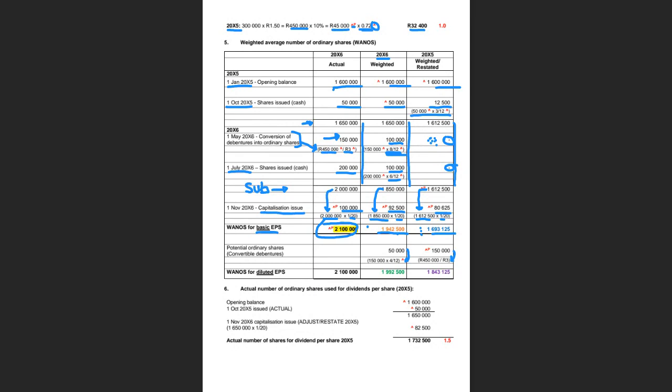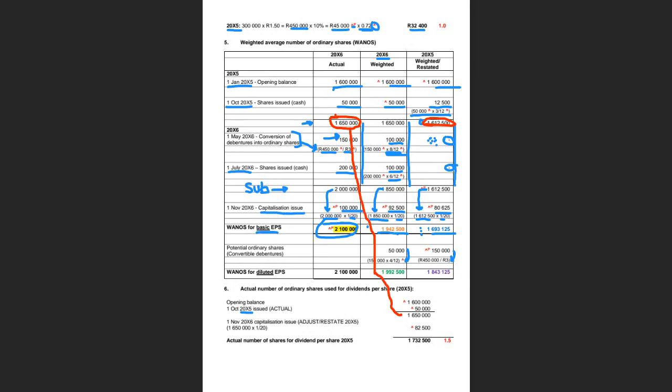But for the actual number of shares in the prior year, okay, the prior year amount, what we do is we start off here. Let me change my color. We start off there, right? Sorry, I lie. We start off here in the actual column again, right? And we move that amount all the way down there.